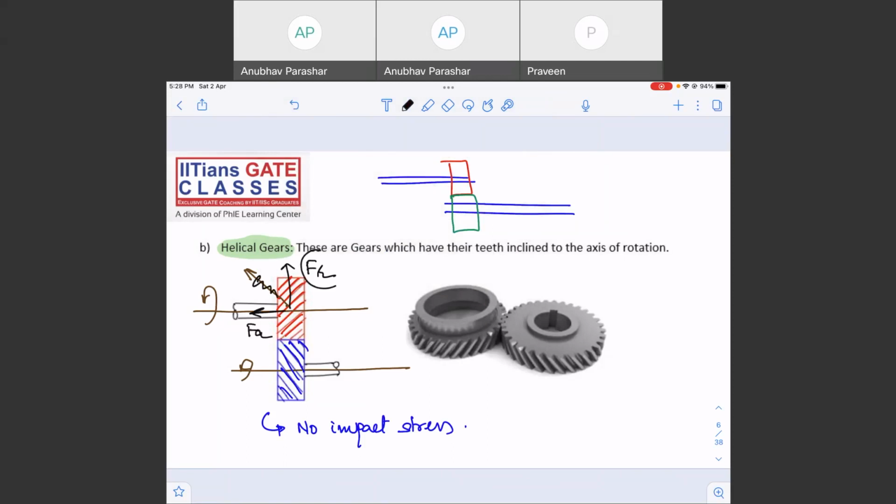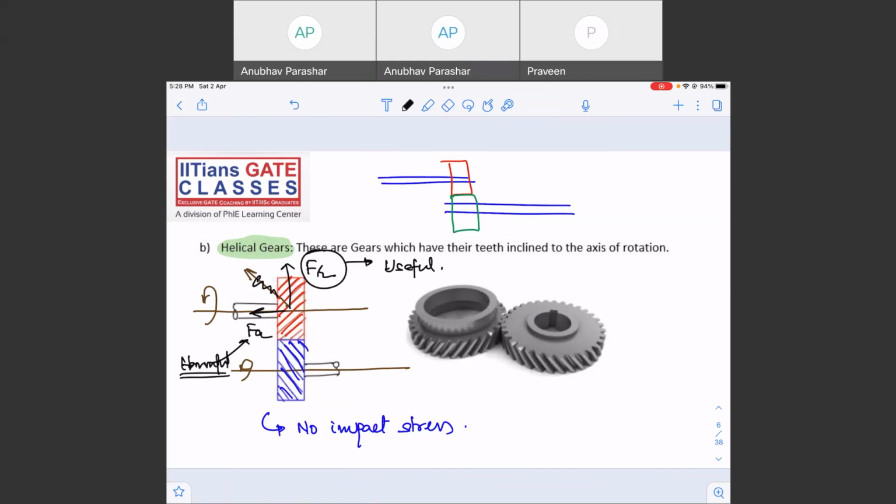So the F radial is definitely useful. The F radial is helping the gear to turn. It is helping to transmit the torque, but FA is harmful. Why? Because it is putting unnecessary pressure on the bearings.